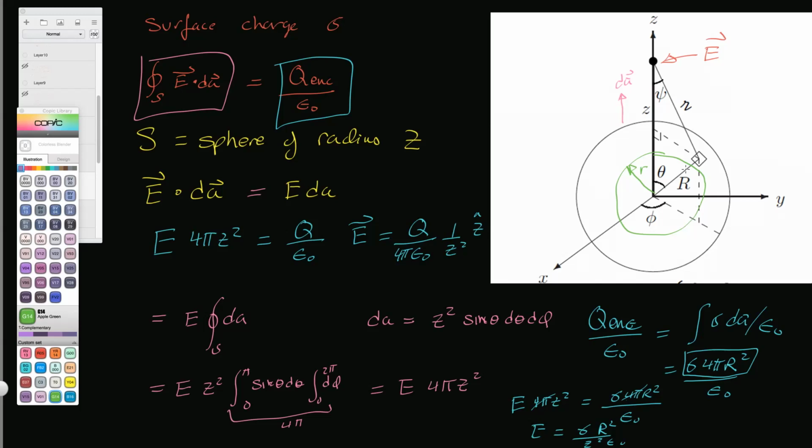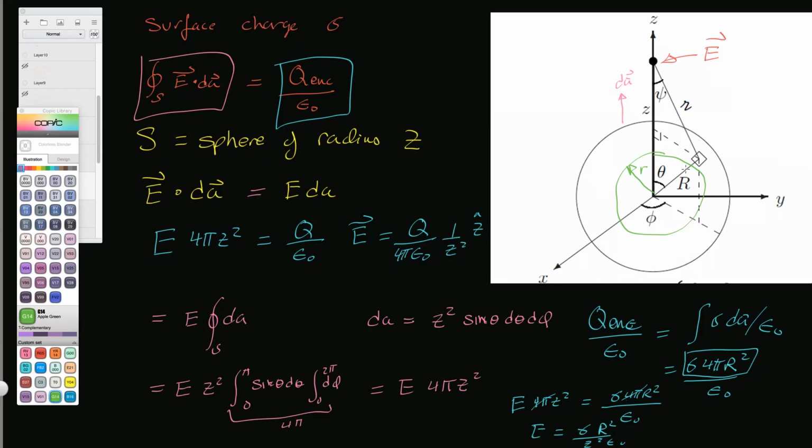But the other side of the equation is where we should concentrate, because it says Q enclosed, and there's no Q enclosed. So that's 0, which means the field is 0. Same exact result as we got before.